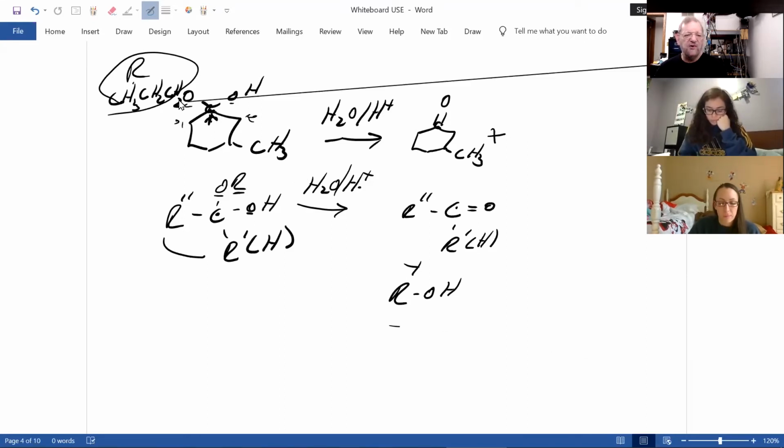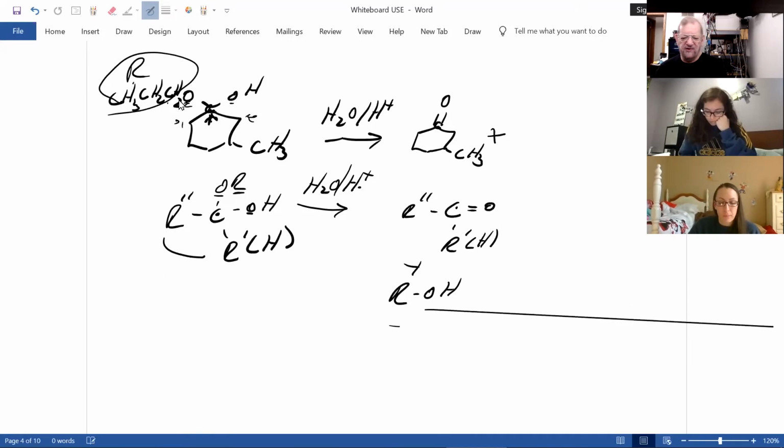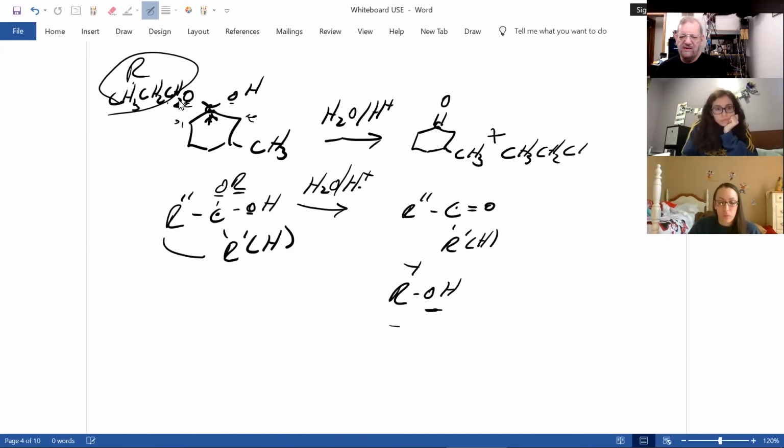The carbon with the hydroxyl group here is the carbon with the hydroxyl group there. And in this case it's N-propyl, the N carbon of 3. And that's how you do it.